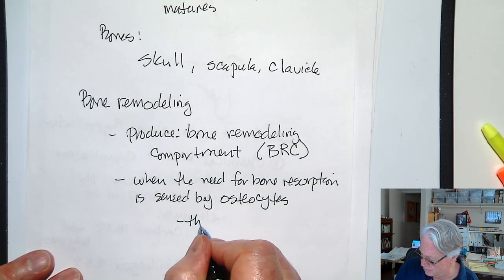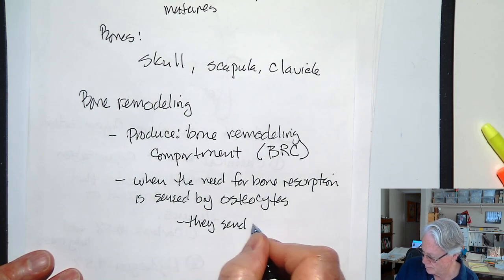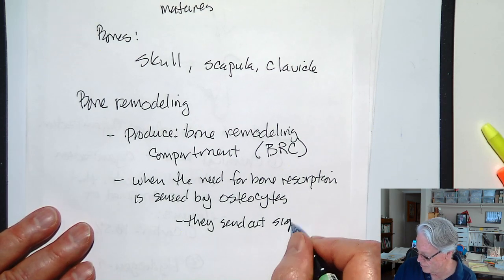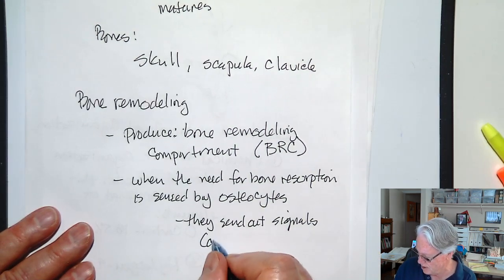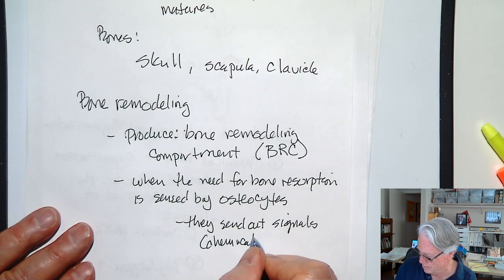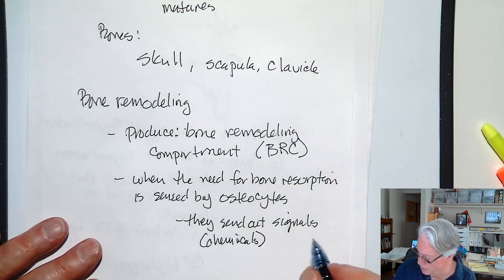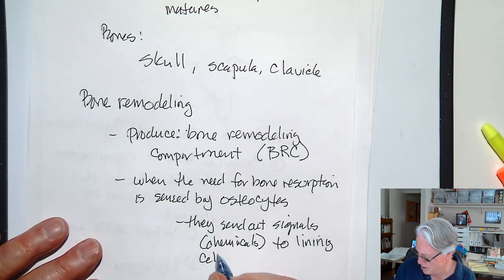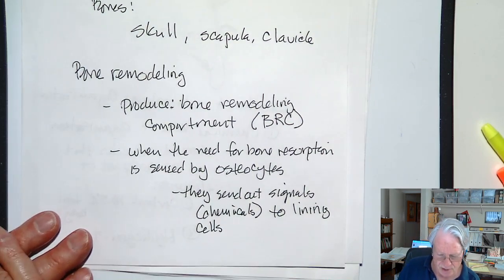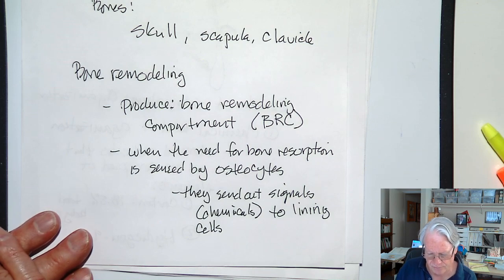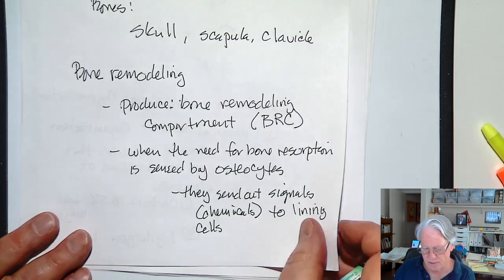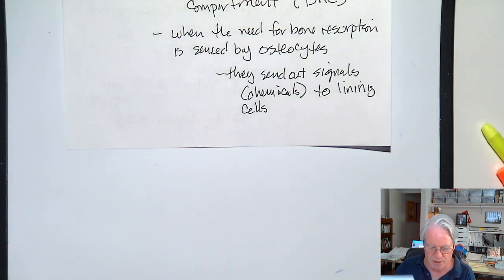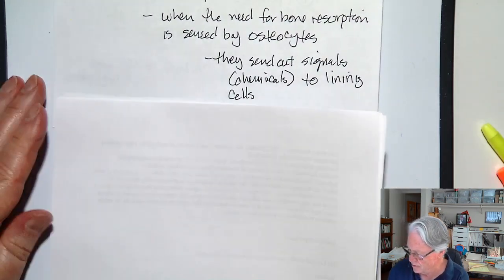Then they will send out signals. These are chemicals to lining cells. And here we're talking about the endosteum and or the periosteum. Okay. These lining cells, I should say, will retract from the bone surface to form the compartment.